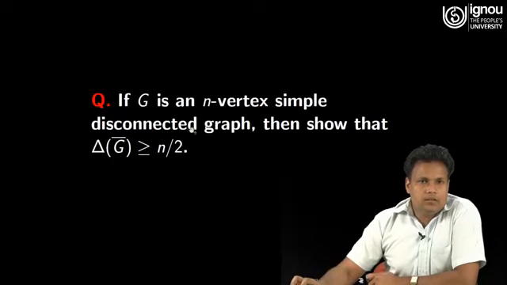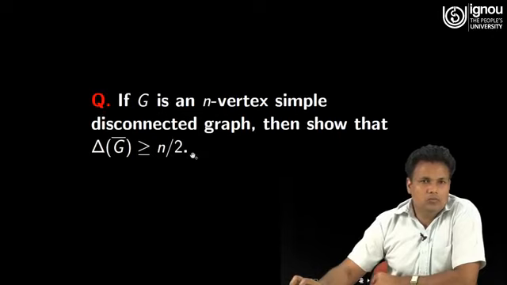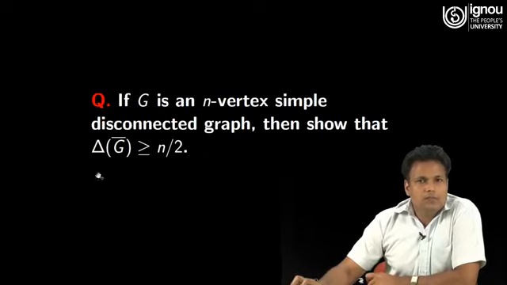Now, let us consider one question. If G is an n vertex simple disconnected graph, then show that the maximum degree of G bar is at least n by 2. You shall use the method of contradiction here again to prove it. So, you just assume that this is not true, that is, the maximum degree of G bar is at most n by 2 minus 1.